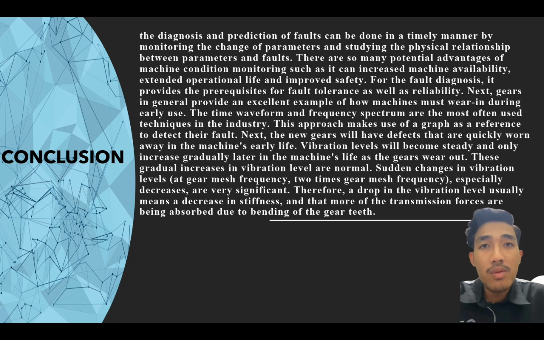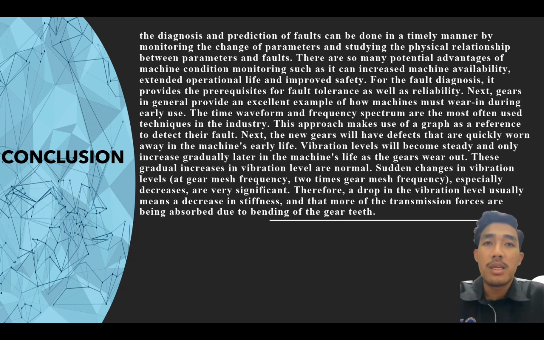Next, a new gear will have defects that quickly wear away in the machine's early life. Vibration level will become steady and only increase gradually later in the machine's life as the gear wears out. This gradual increase in vibration level is normal.